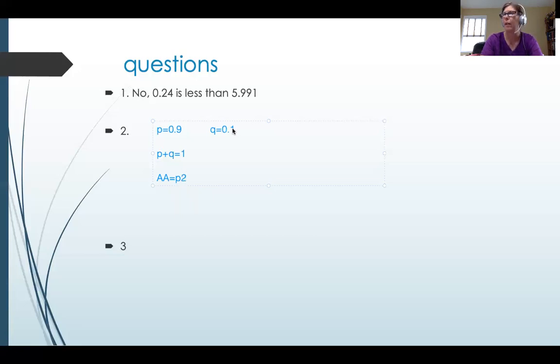So I'm going to go 0.9 times 0.9, and that is going to give me 0.81, which is the same as 81%.